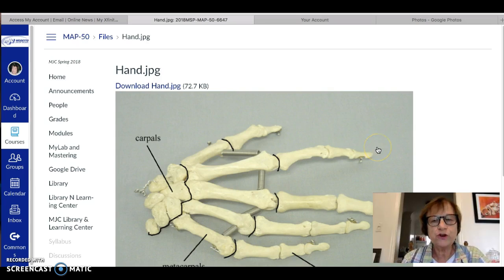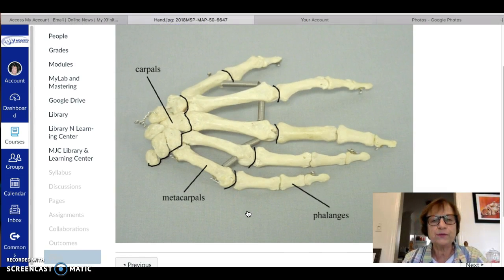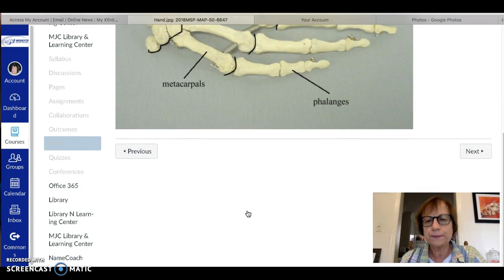And then you have your hand, which is made up of carpals or wrist bones, metacarpals, hand bones, and phalanges, which are the fingers. Each of the carpals has a specific name, but you're not going to be asked for those specific names until you get to a higher level, more advanced anatomy course.